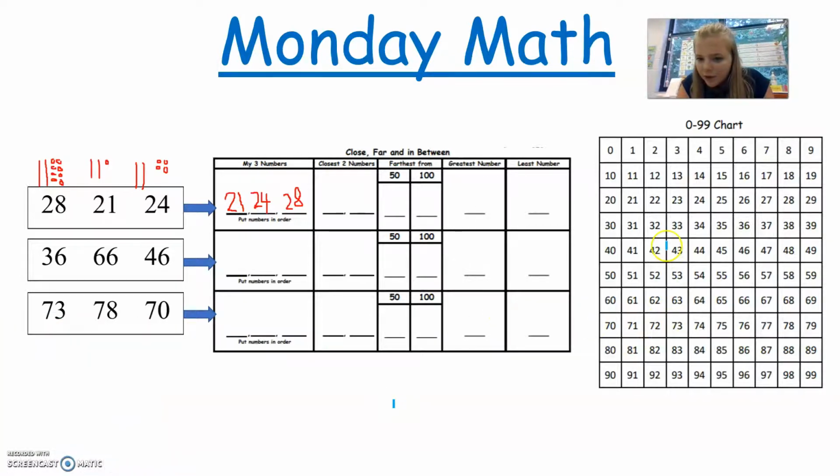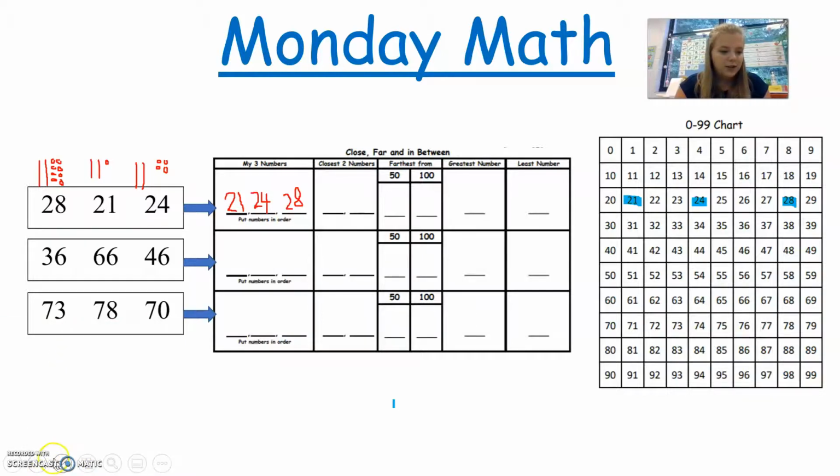Let's find my numbers. I have 21, I have 24, and I have 28. What are the closest two numbers? So is 21 and 24 closer, or 24 and 28? Look at how many away they are. Yep, 21 and 24 are closest because there are only two numbers in between. There are three numbers in between 24 and 28, so I know it can't be that.